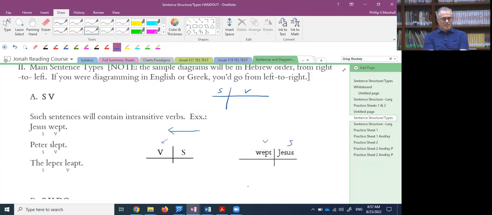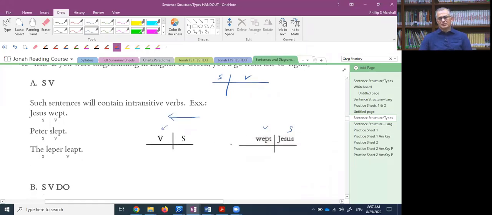Subject, verb. An intransitive verb doesn't require an object, so I won't have a slot for an object in this type of sentence. But intransitive verbs do require a subject, and that subject will have its own slot on the baseline.